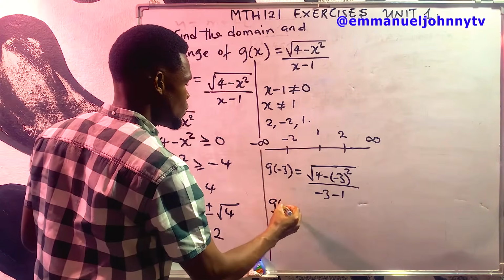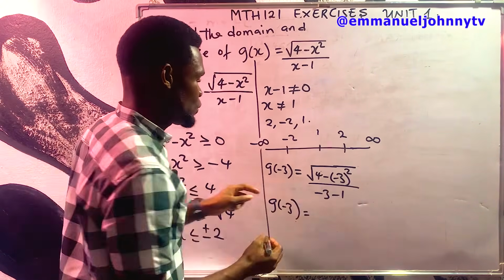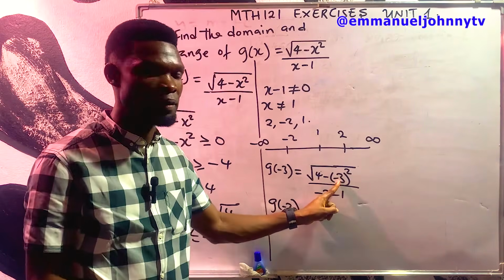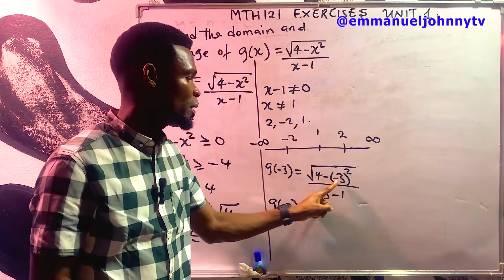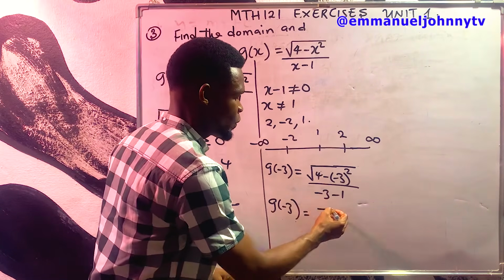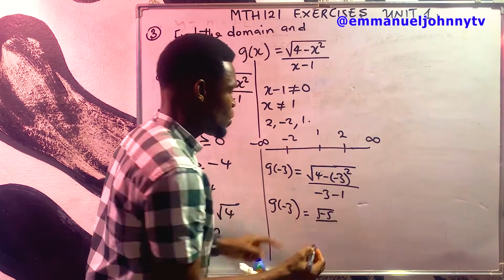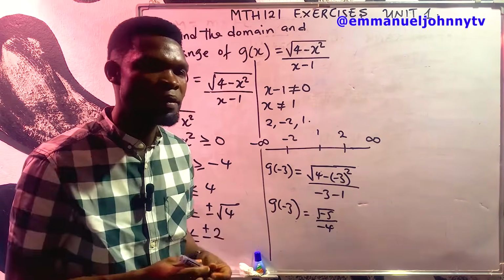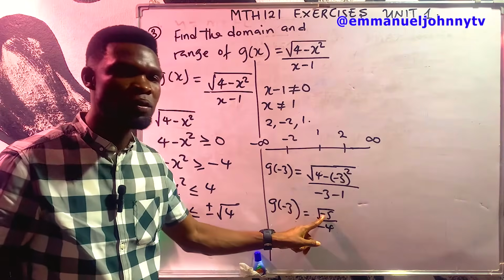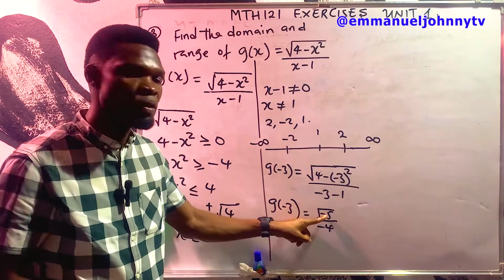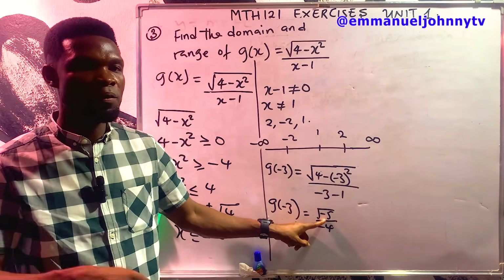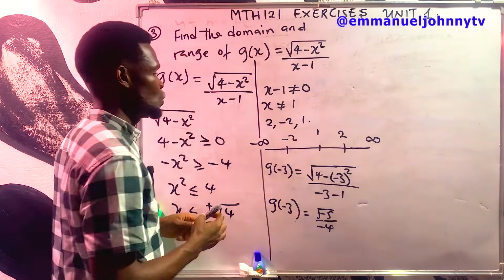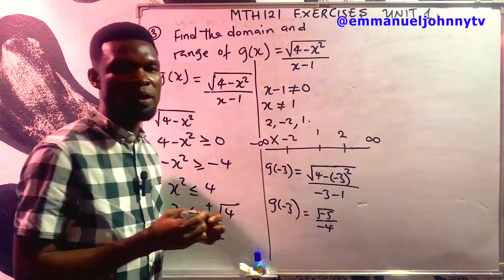Please note, minus 3 squared is positive 9. So 4 minus 9 is minus 5. So you have square root of minus 5, all over minus 3 minus 1, which is minus 4. So for the fact that this is a negative square root, it means that it does not exist. Remember, we've said that the square root of negative numbers does not exist. So this point is not defined.